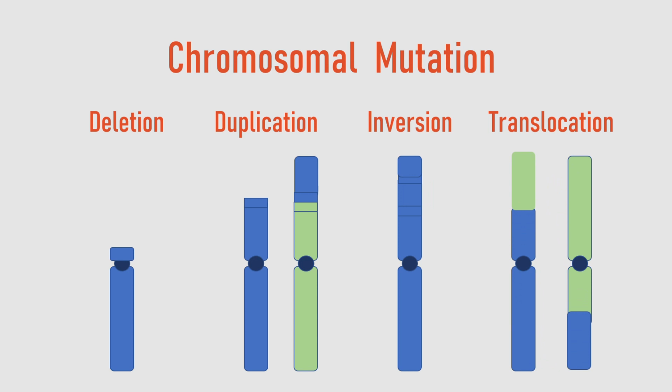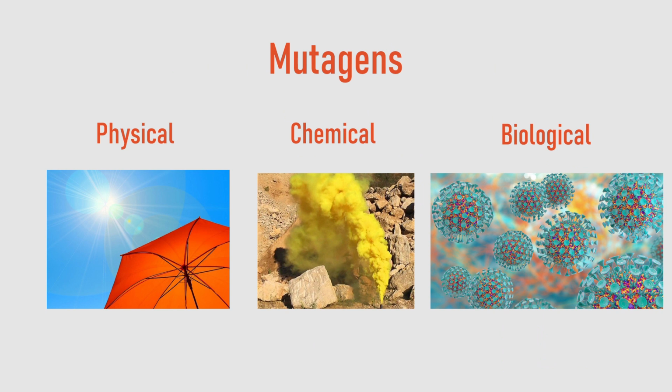The final mutation occurs from physical, chemical, or biological agents known as mutagens. Harmful amounts of UV and X-ray radiation damage DNA by breaking the chemical bonds from the sugar-phosphate backbone and bases, leading to an unstable DNA structure. Soldiers exposed to nitrogen mustard gas during World Wars I and II not only received injuries to eyes and skin, but also produced new chemical bonds that prevented the double helix from unwinding ever again.